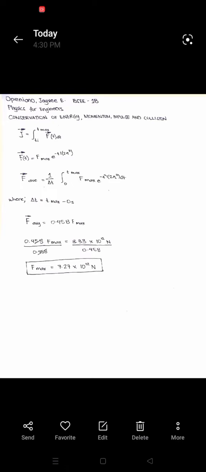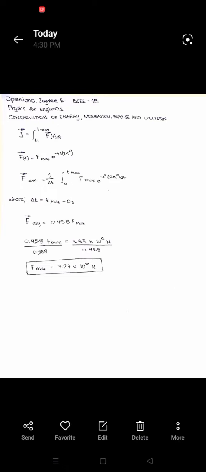the force function equals the maximum force times e raised to negative t squared over 2 sigma squared, where sigma is the parameter that represents how rapidly the force decreases to 0.